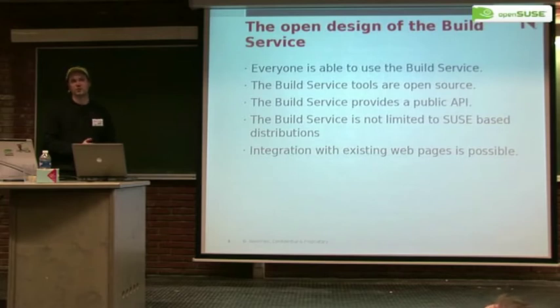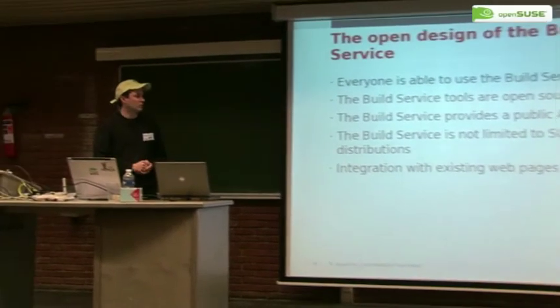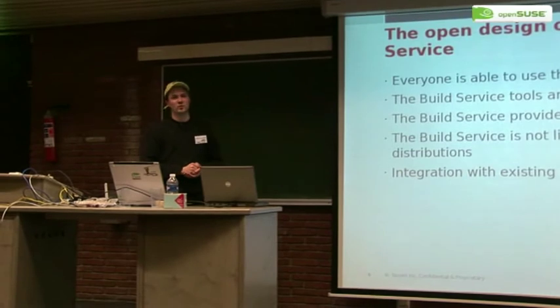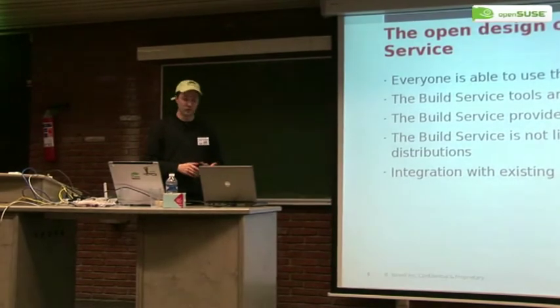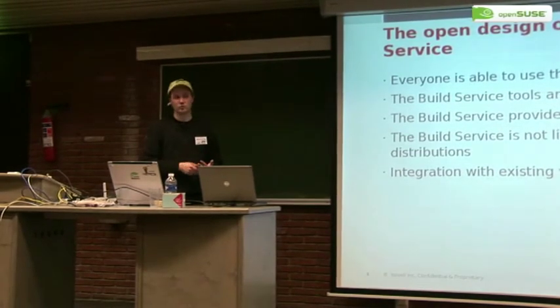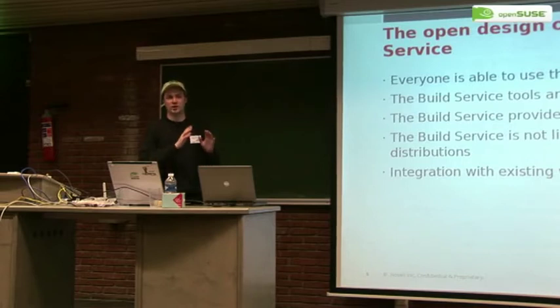Lately, we support even Red Hat Enterprise, besides SUSE Enterprise, of course. So, independent of whether you are building for Debian, for Ubuntu, for Mandriva, for various openSUSE, for SUSE Linux Enterprise, or for Red Hat Enterprise, you can upload your source once, and as long as your source works, it builds for all distributions at once.